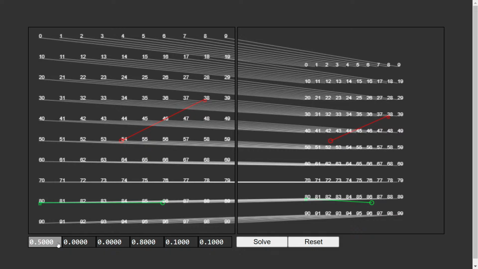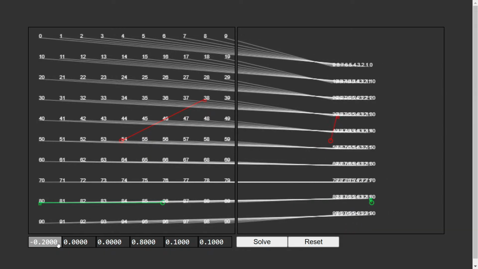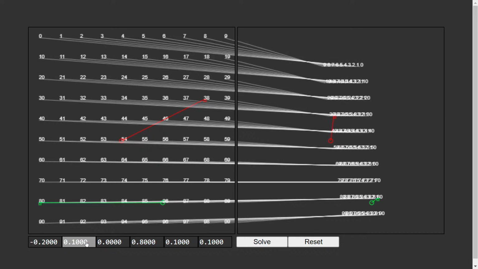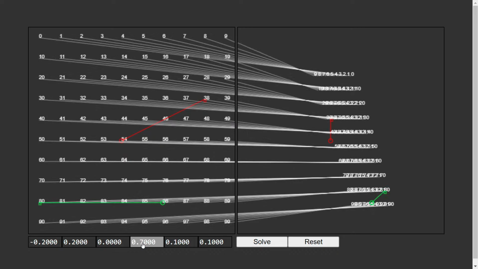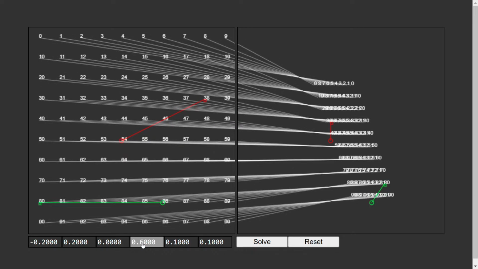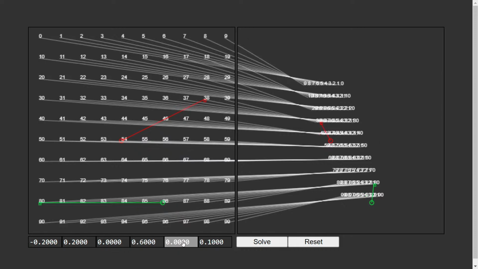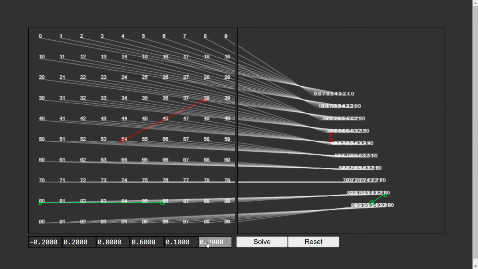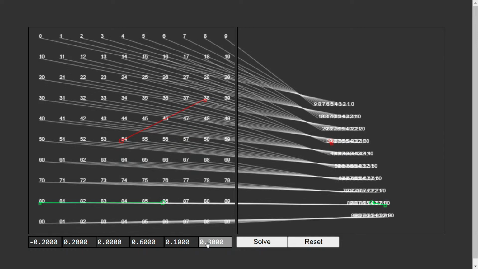Flip it. Right? And then rotate again. That's close. That's close. Okay, let's see how the thing solves it.